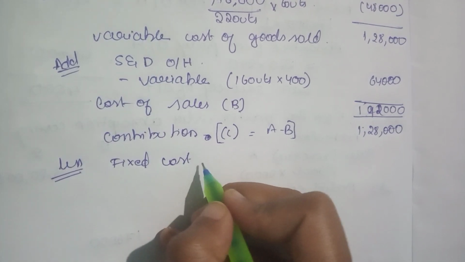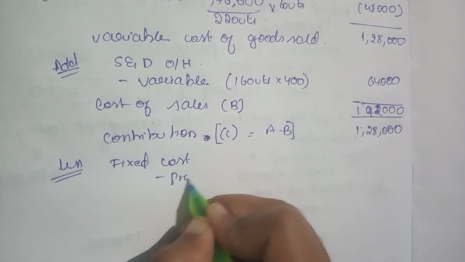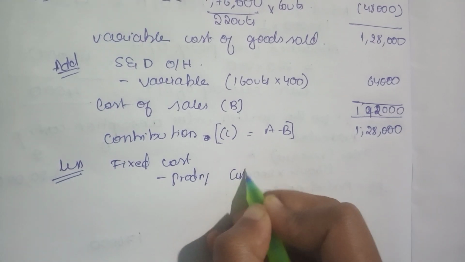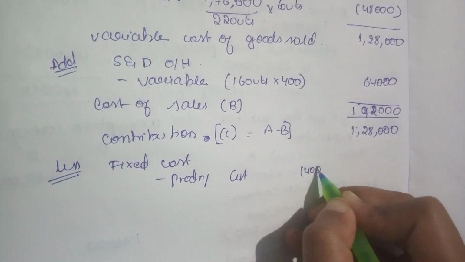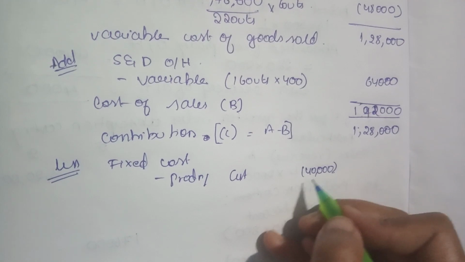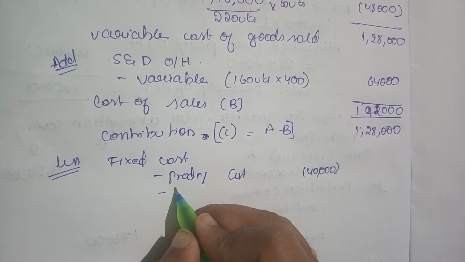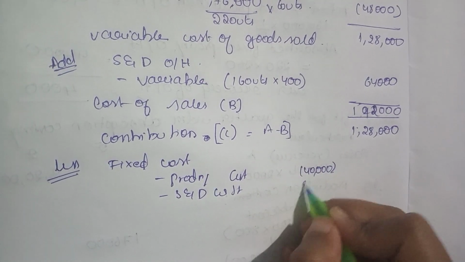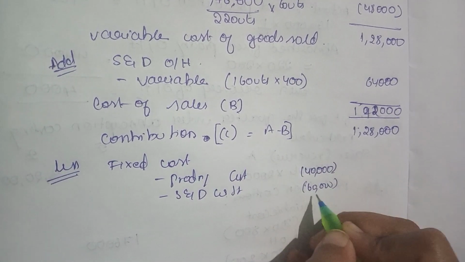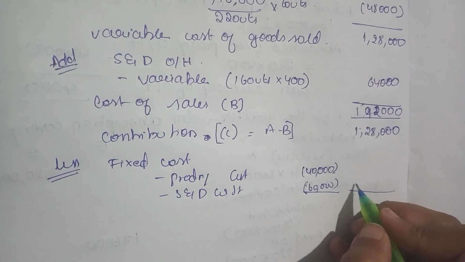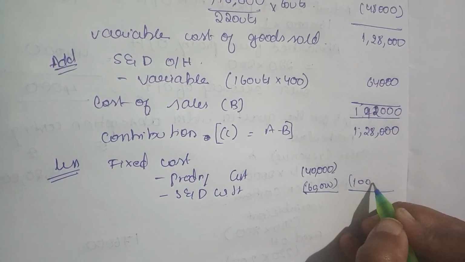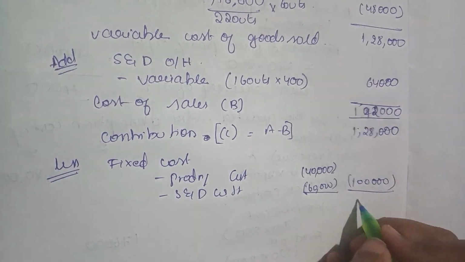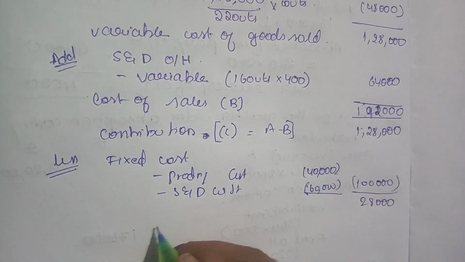Now we have to less the fixed cost. In the production cost, it is 40,000. Thus we have done the calculation in marginal, and in selling and distribution cost, it is 60,000. Total of this is 1 lakh. So 28,000 will be profit.